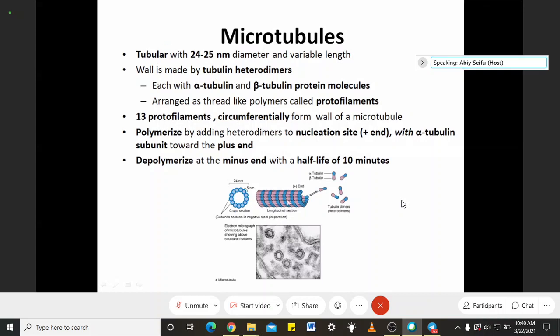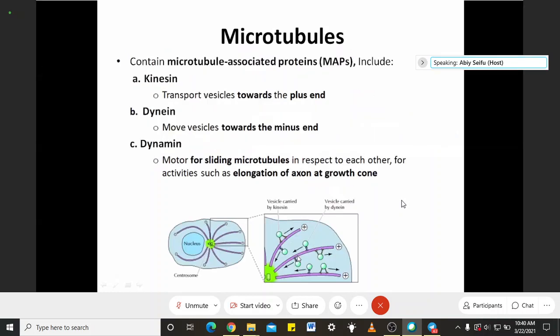These are all diagrams, but in actual electron microscopy, you can see the cross-section of a microtubule appearing like this, like this, like this. Look, they are always of similar sizes. They are made by the certain protofilaments. These microtubules are associated or surrounded with additional proteins.